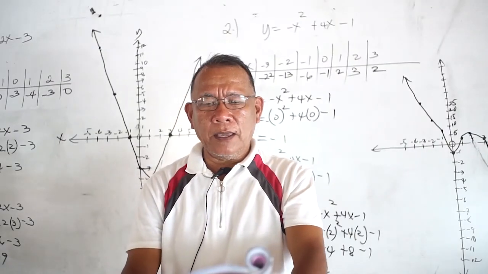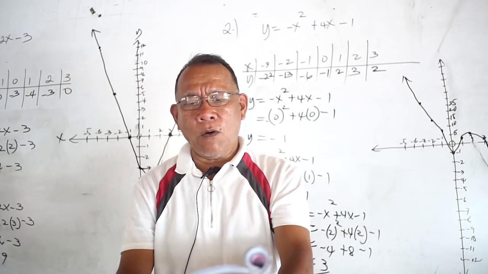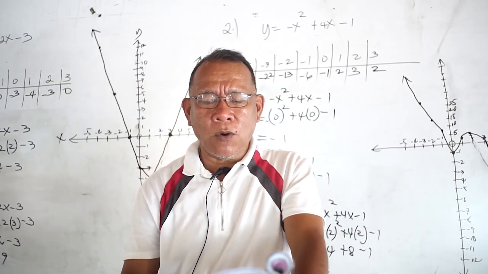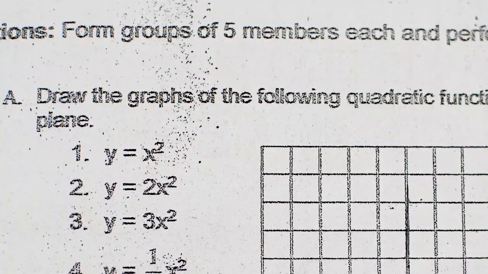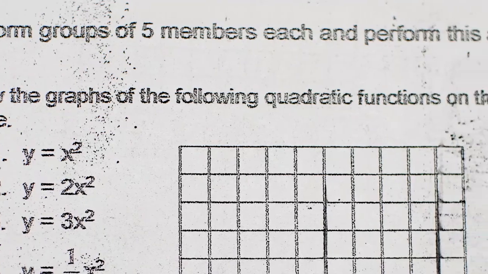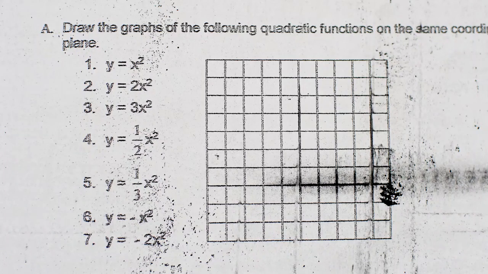Our activity in Math 9 for week 4 in second quarter: draw the graphs of the following quadratic functions on the same coordinate plane. Write your activity on the graphing paper.